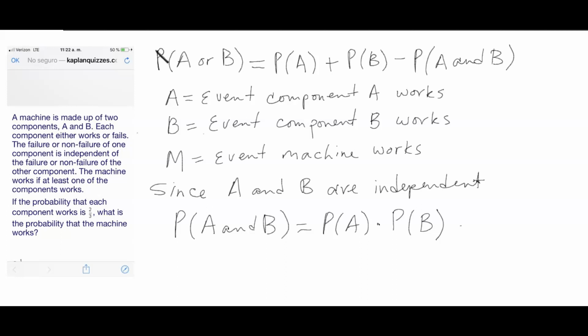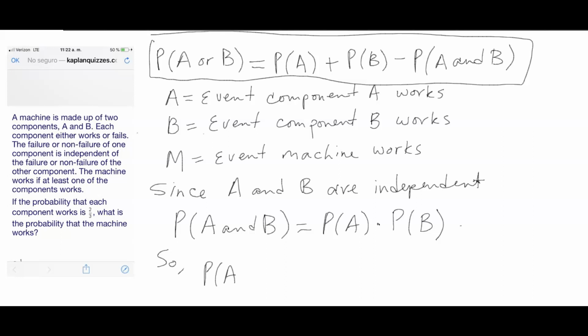So we can alter our original formula. This is our original formula up here. We can now alter this by saying the probability of A or B is equal to the probability of A plus the probability of B minus the probability of A times the probability of B.